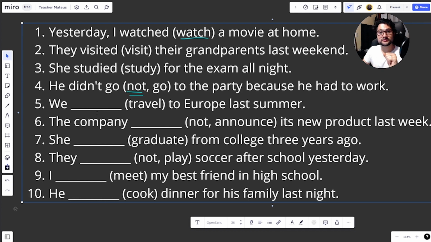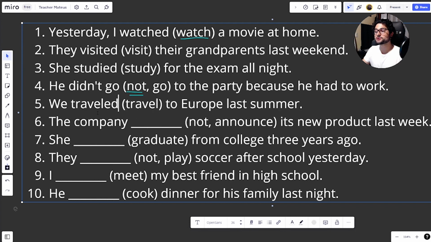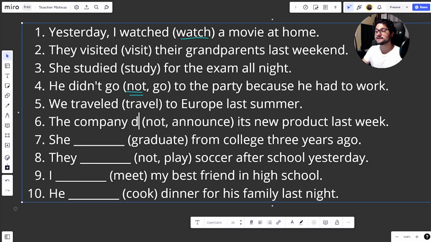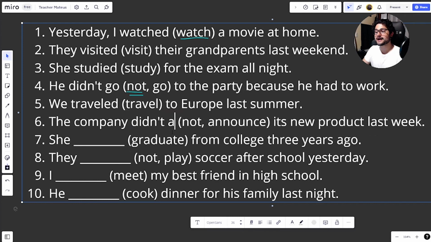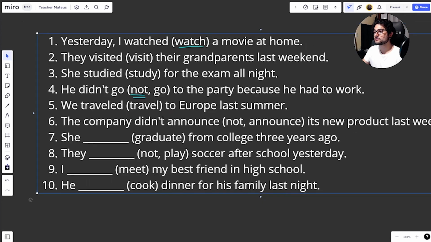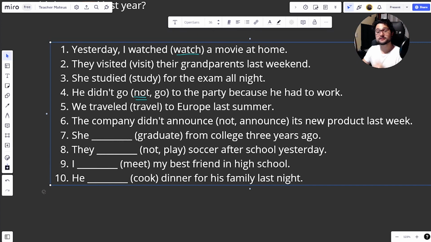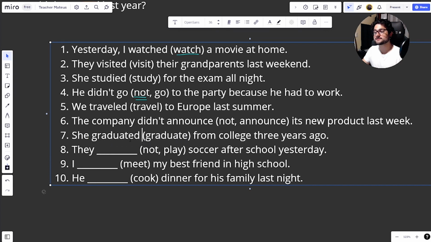I hope that you could get this right. We traveled to Europe last summer, regular verb. The company didn't announce its new product last week. It didn't because it is negative. She graduated from college 3 years ago.